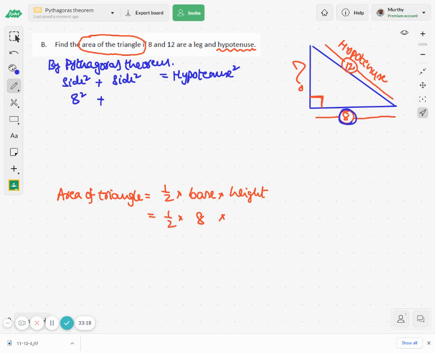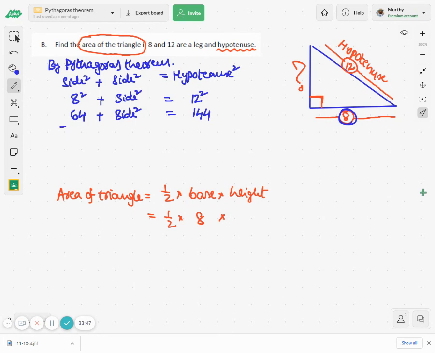Don't forget the other side is not 12. It is the hypotenuse. And the other side is missing. So let me write here side square. 8 square, again a gentle reminder, it is not 8 times 2, it is 8 times 8. That gives me 64 plus side square equals 12 square. 12 times 12, that is 144.